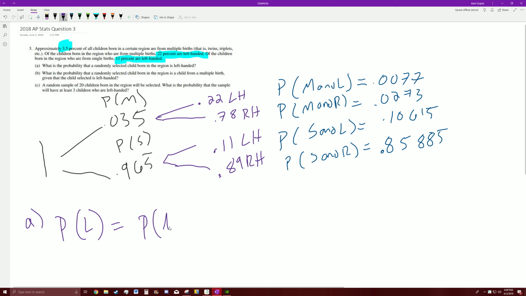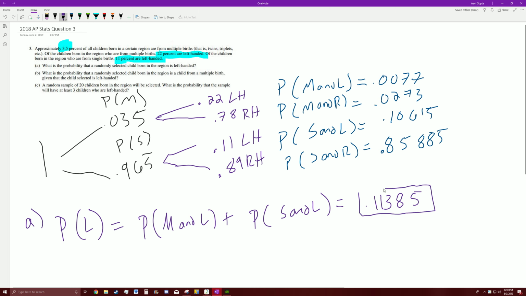So probability of M and L plus probability of S and L. This is going to equal 0.11385. Okay, that's part A done.